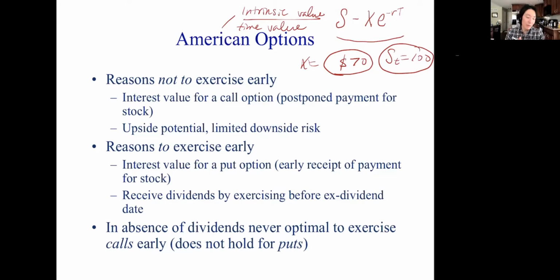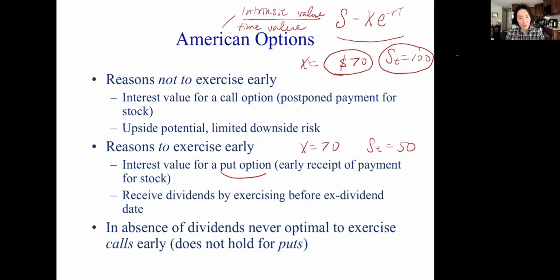Okay? But however, there are also reasons to exercise early. The first case is the put option. Okay? For the case of the put option, it's the other way around because you are receiving the strike price. Suppose the strike price is 70 and the current stock price is 50, right? By exercising it now, you receive $70 now instead of 1 year later. Okay?